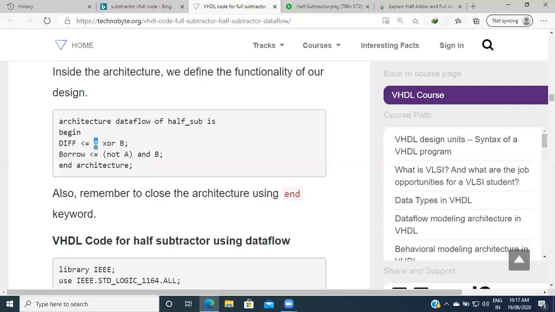Give answer. In that difference, if A is 0 and B is 1, 0 minus 1, the 0 minus 1 difference is 1, but borrow, because here 0 minus 1, the borrow is something that is here the value of A is 0, not A means the value is 1, and here B value is also 1, 1 and 1, borrow is 1.